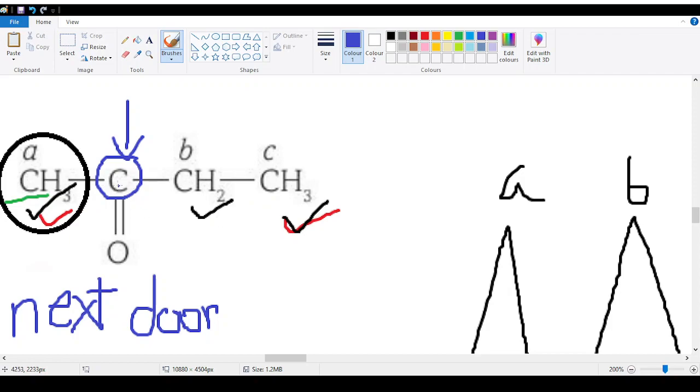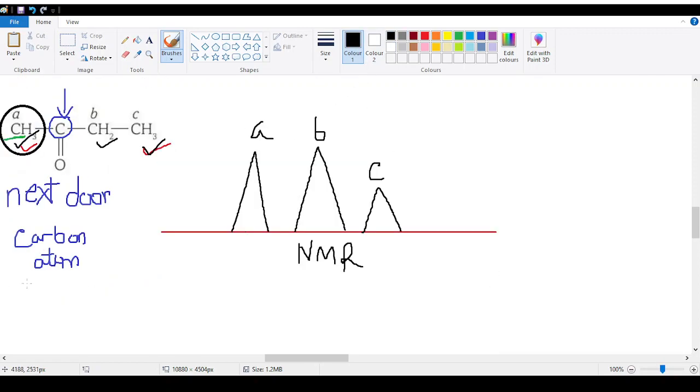Why did I choose this carbon to talk about? Because it's the next door carbon atom to this one. So this next door carbon atom has no hydrogen. So you have to follow this formula, n+1, okay? You just told me that the next door carbon atom has zero hydrogen, so you'll do 0+1. How much do you get? We get 1.